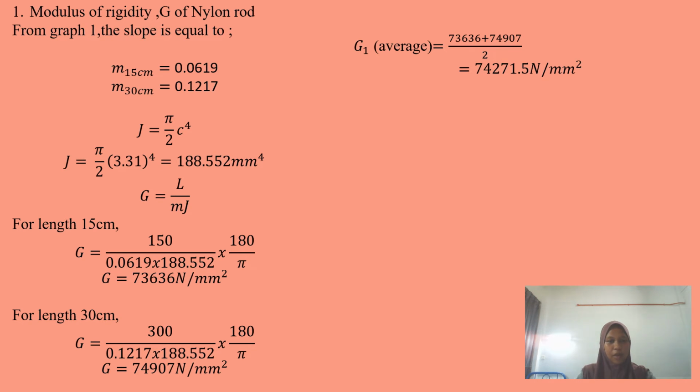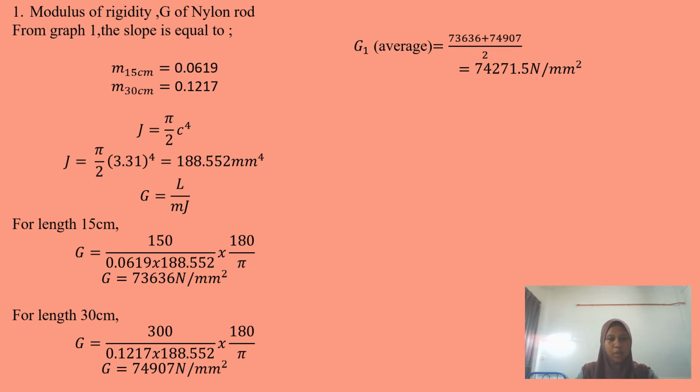Then we calculate the moment of inertia for the nylon rod by using the C that I calculated before: moment of inertia equals pi divided by 2 times 3.31 to the power of 4. So I get the moment of inertia equal to 188.552 millimeter to the power of 4.